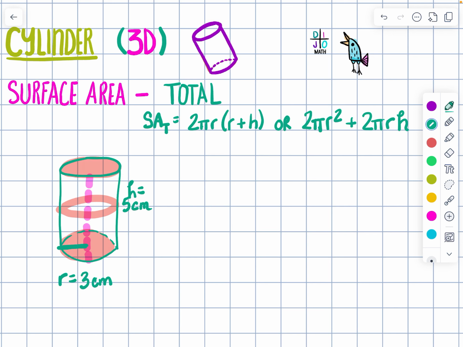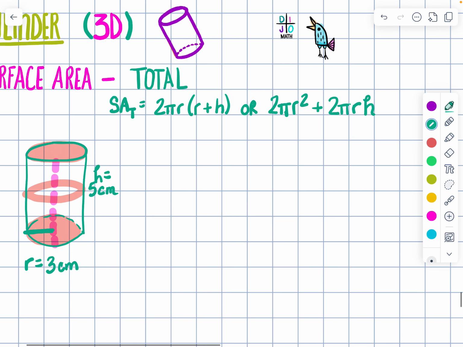Okay, so let's go ahead and solve our equation. We've got the surface area total, and this is just my notation, adding the t, just so I know what I'm working with. So this is going to be 2 times pi, r is 3, so that's 3 squared, plus 2 times pi, again r is 3, and the height is 5.